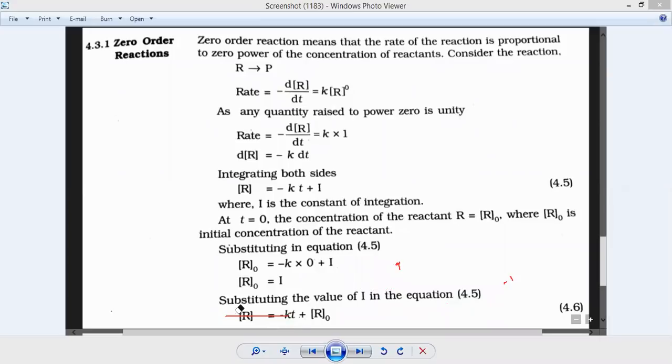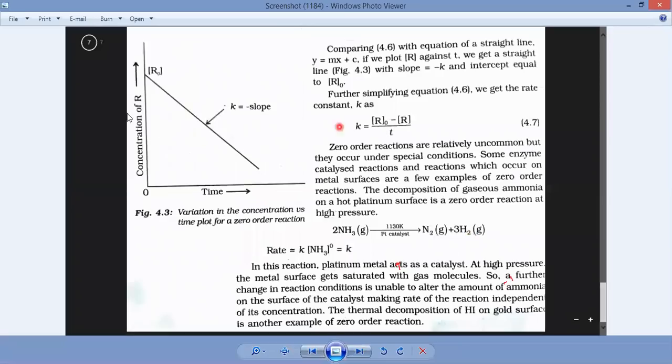Let me erase this. This is a direct question. You all can easily write the answer if you have studied. This will be the variation of concentration versus time plot for a zero order reaction, and we can get the rate constant k as (R0 minus R) by t, and the unit I have already explained.